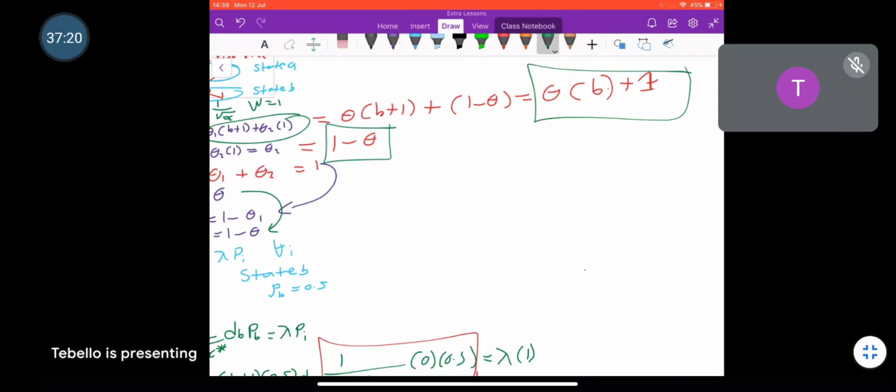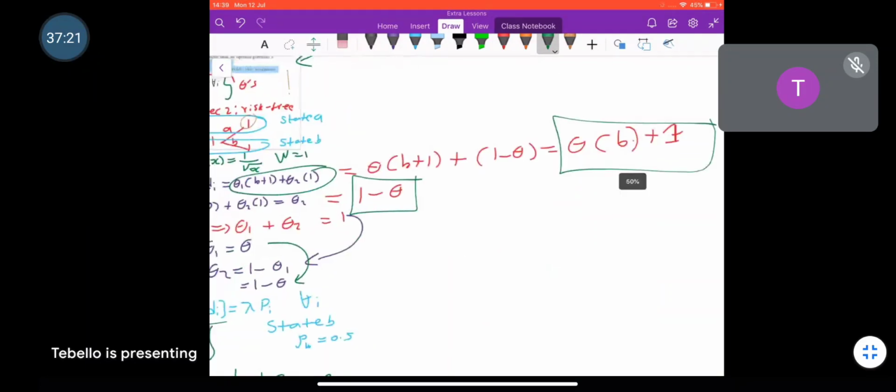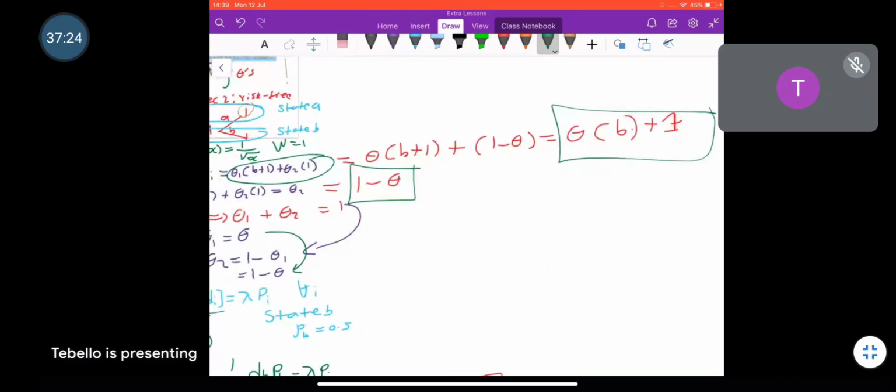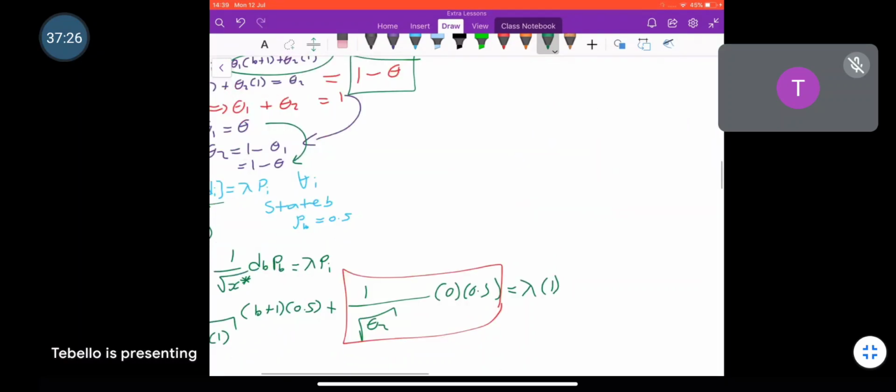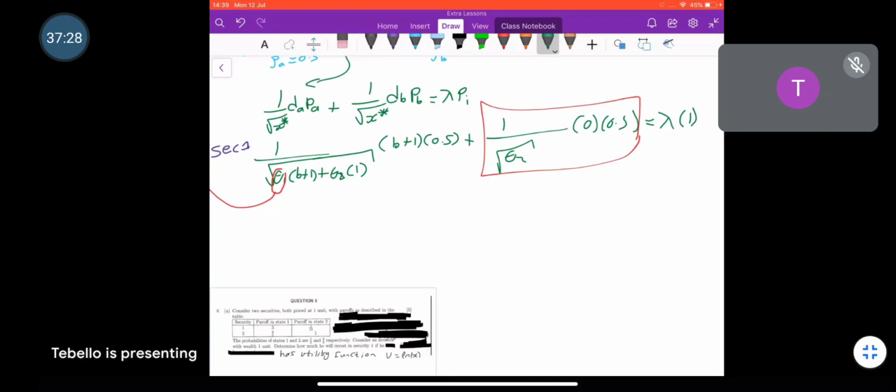So I can just write this as b theta plus 1.